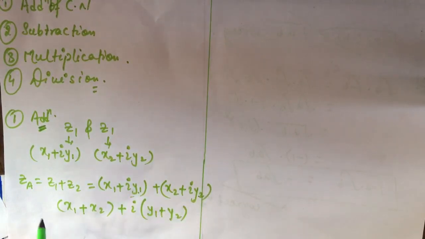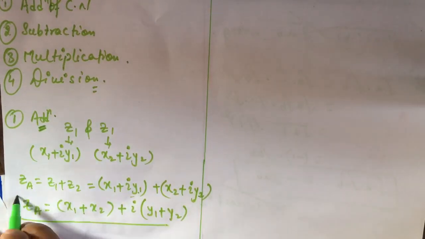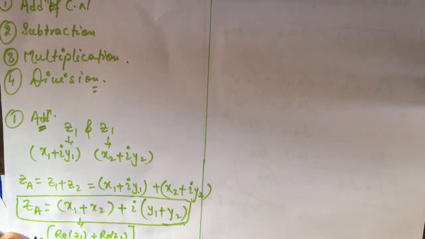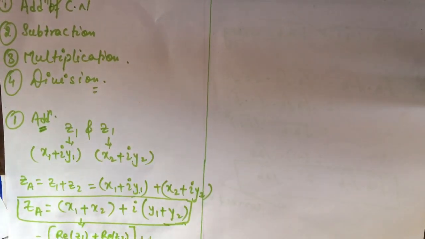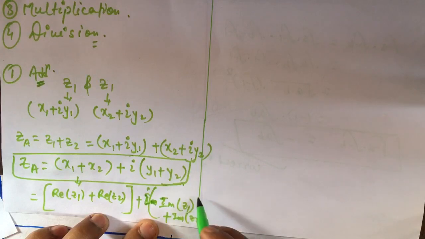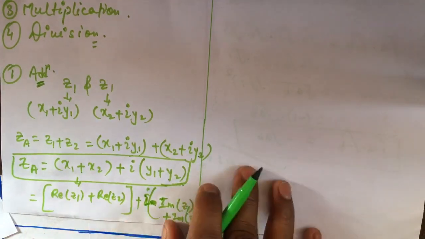This is the addition result of the two complex numbers. So we have the real part of z1 plus real part of z2, plus iota taking common, imaginary part of z1 plus imaginary part of z2. This one is the addition format.